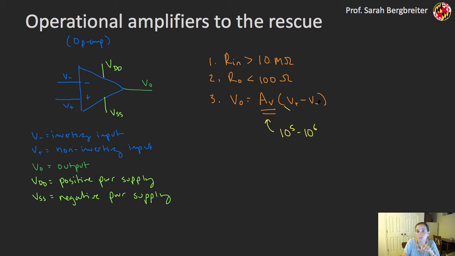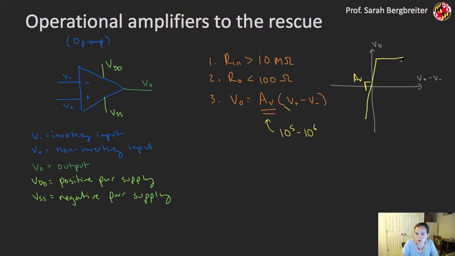So a very small difference between those 2 inputs is going to still lead to a pretty high output voltage. So another way of thinking about this is looking at this graphically. If I plot my input on my x-axis here, V plus minus V minus, and my output on the y-axis, I have a really steep line here. And the slope of that is my gain, that AV term, so something very high, like 100,000 or so.